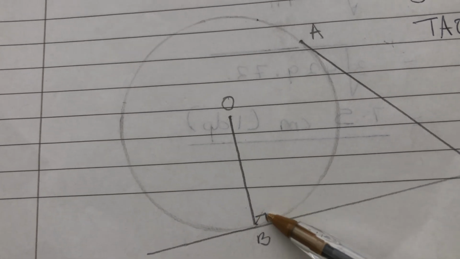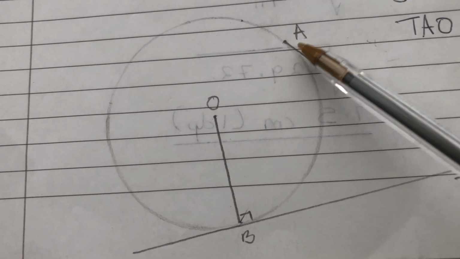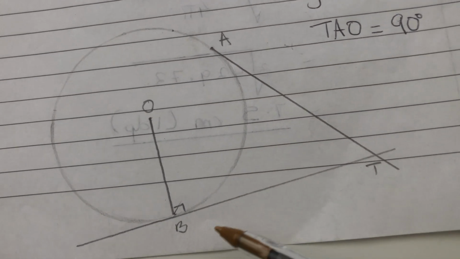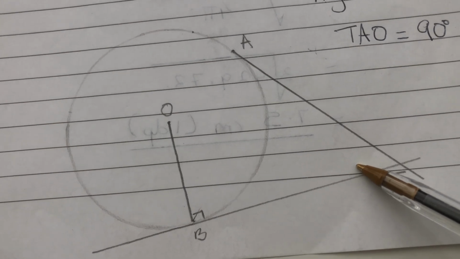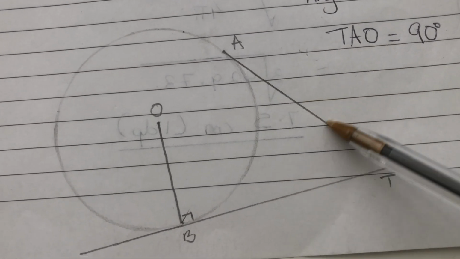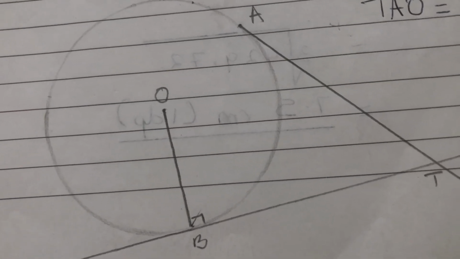So if this is 90, that part will also be 90. So it means that this length TB and TA will be equal, and that will be our next theorem basically.